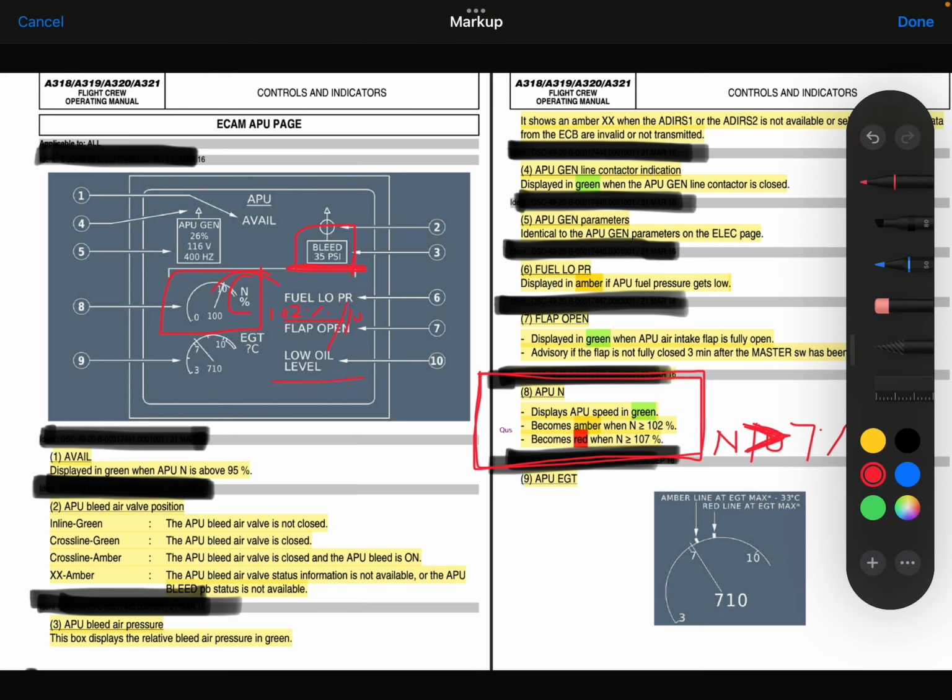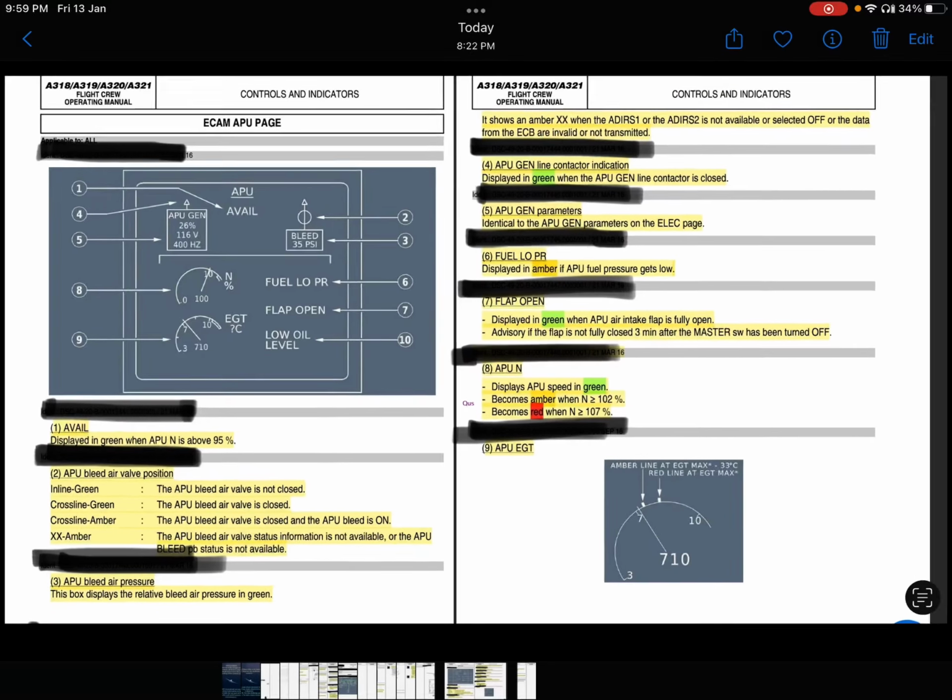These are warnings. It means the inlet flap is open, and fuel low pressure is showing in amber color, right? That is it. This is the EGT limit. Now we will discuss the EGT limitations in further slides.